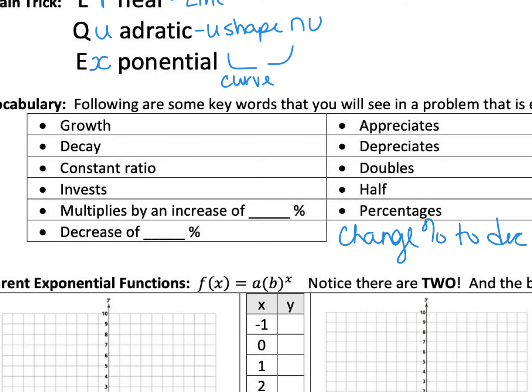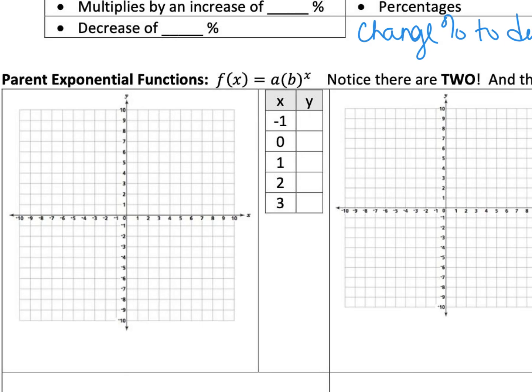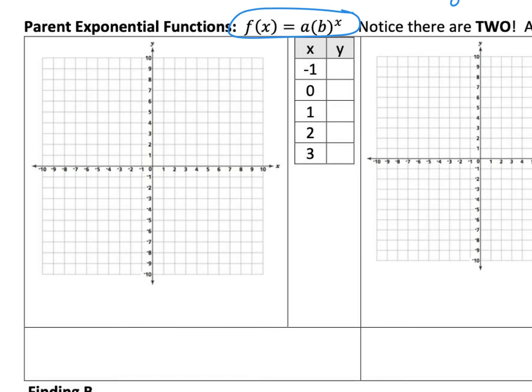So I want to show you 2 different types of these. Just these first 2 vocabulary words: one where it's growing and one where it's decaying. So we have our parent function here. This is going to be super important. Our linear parent function was y equals x. You can do this in your yellow calculator.